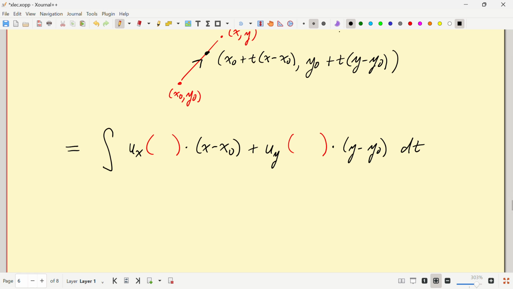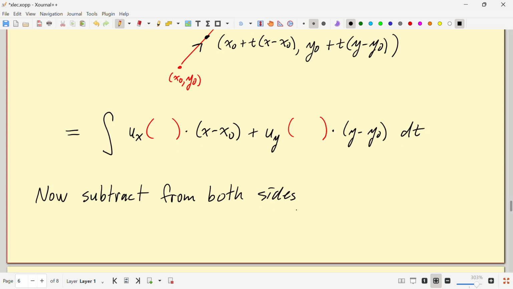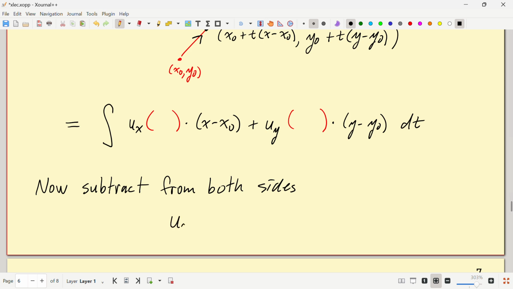And the next step is now I want to subtract off the linear stuff. So now I subtract from both sides du/dx at naught times x minus x naught plus du/dy at naught times y minus y naught.